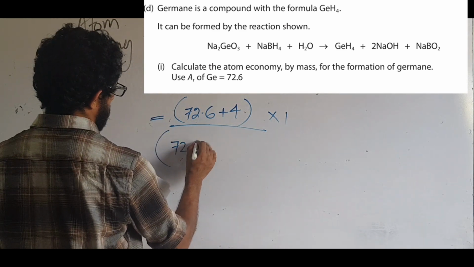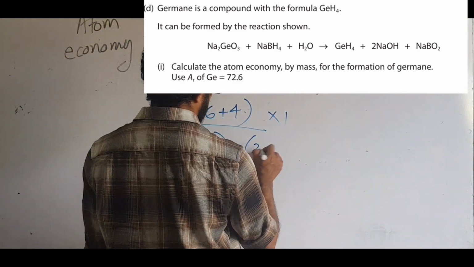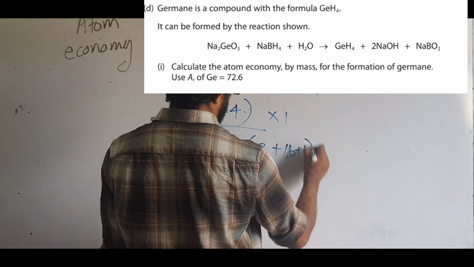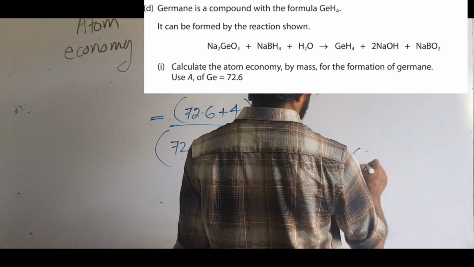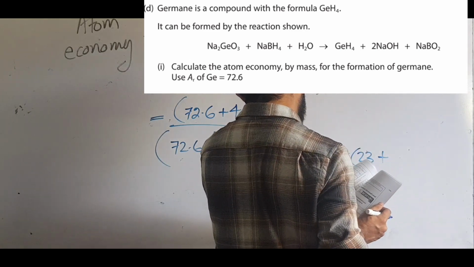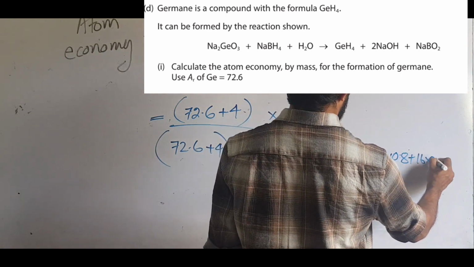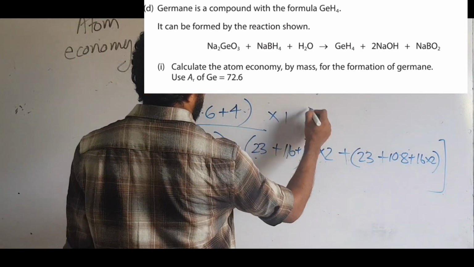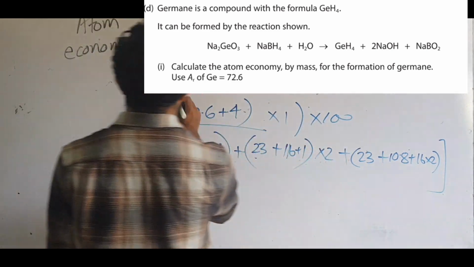GeH4 is 72.6 plus 4, plus 2 sodium hydroxide: sodium is 23, oxygen and hydrogen is 17, that is 16 plus 1, that one into 2, plus NaBO2: sodium is again 23, boron is 10.8, plus 16 into 2. All of that into 100. You have to multiply this by 100 again.